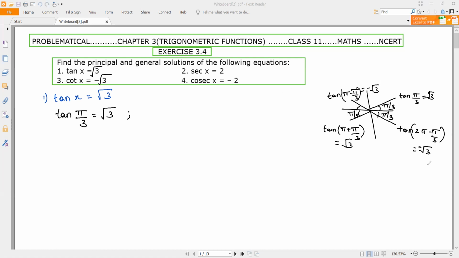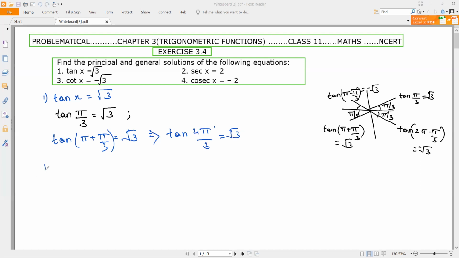So you've got tan negative in the second and fourth quadrants. All you have to do is find the angle in the first quadrant. So we can see that tan of pi plus pi by 3 will also be equal to root 3. Calculating this, you have tan 4 pi by 3 is equal to root 3.